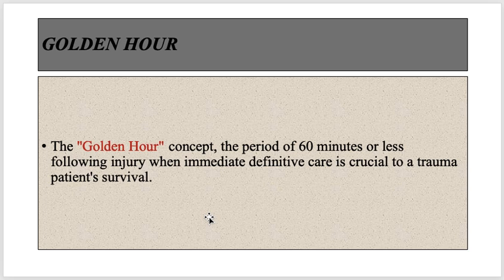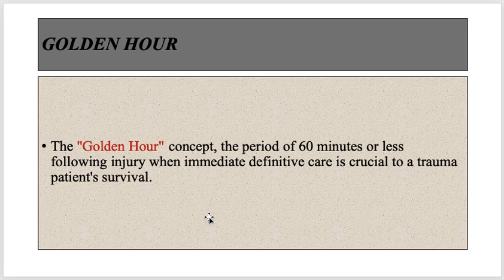Or for example, someone who has tension pneumothorax, I will explain what that is. Or someone who has a hematoma, an extradural hematoma, for example. Providing care within minutes to hours, you can save the patient.